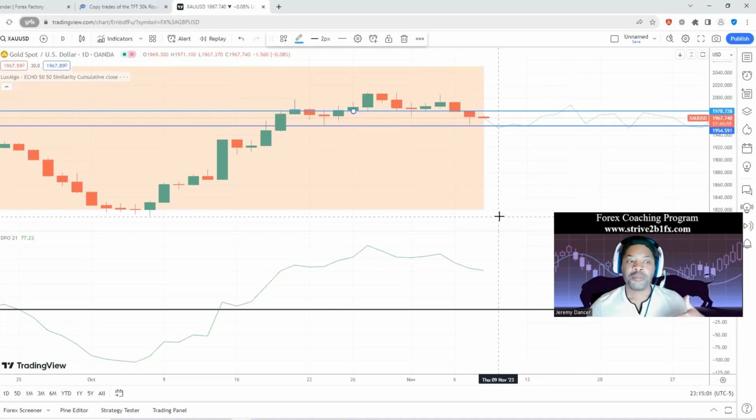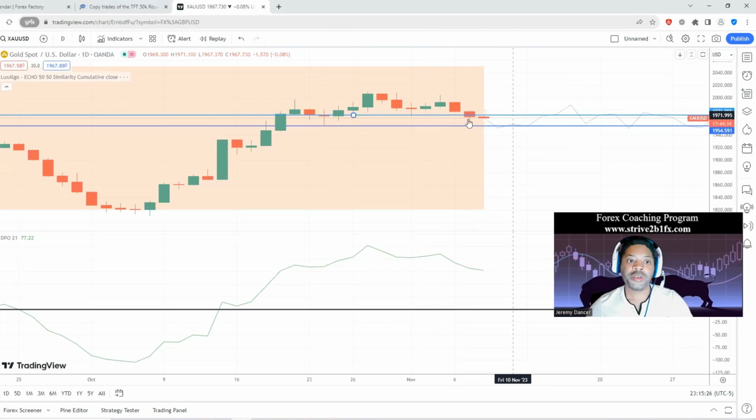So that's my take on gold, and this is how I'm trading it. I love using a change of character and break of structure. We can see here that if we just look at it from here, we have a low, we have a high, and then we have a low, and then the change of character would be right around here, since the candle broke here.